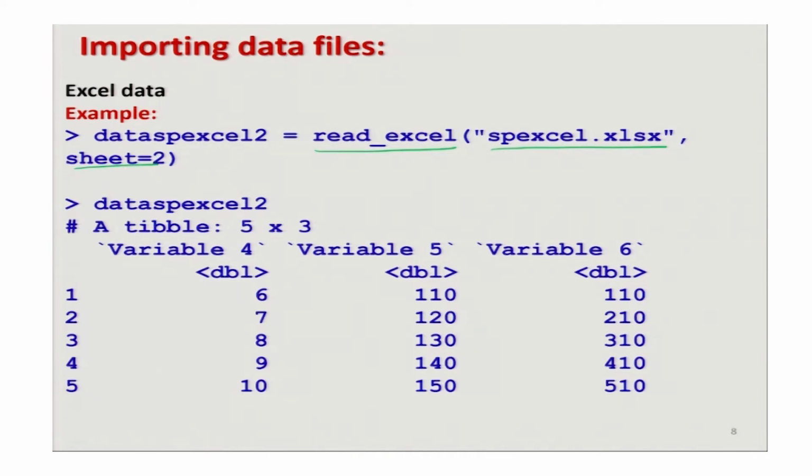In this case you will get the values: here 6, 7, 8, 9, 10. The second column is 110, 120, 130, 140, 150, and in column number 6 they are 110, 210, 310, 410, 510.